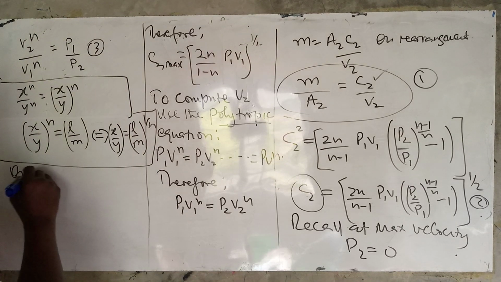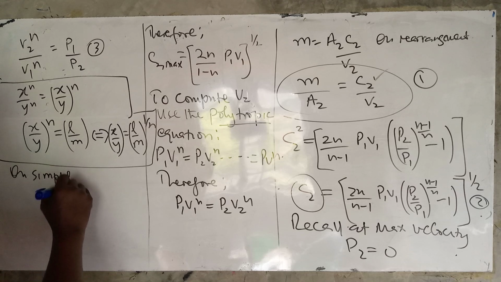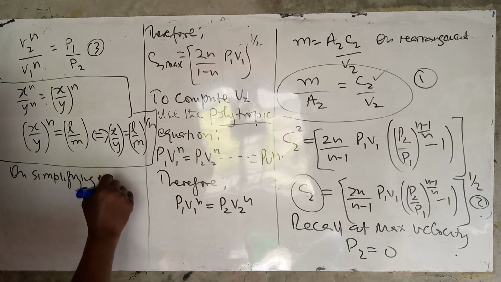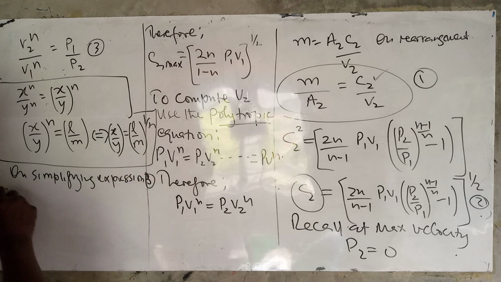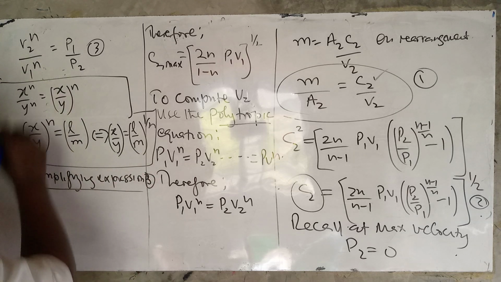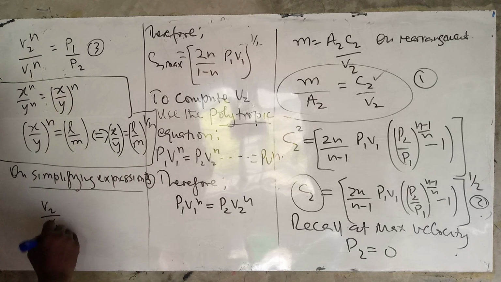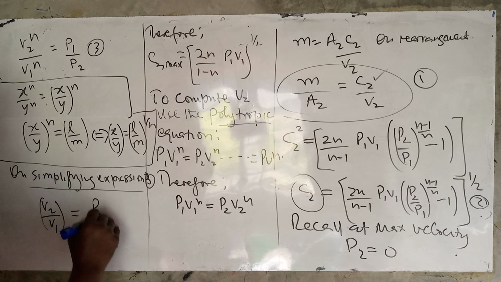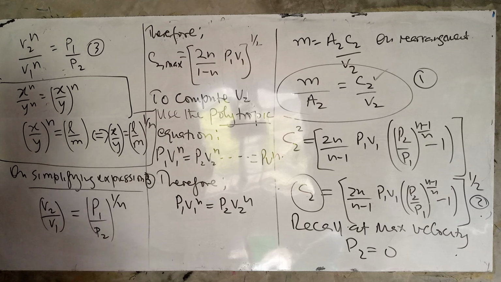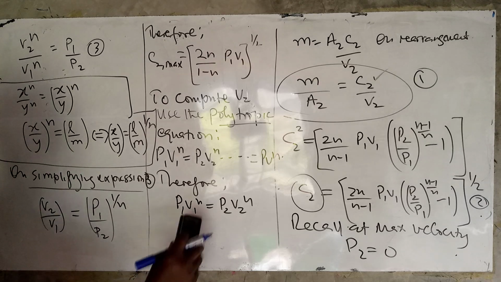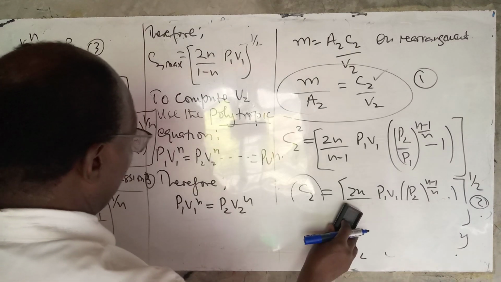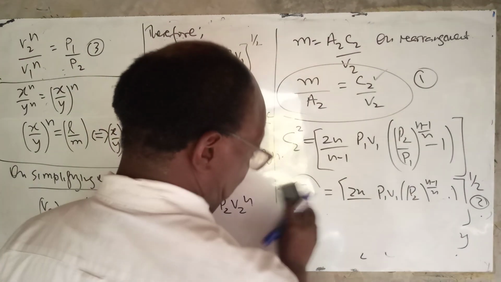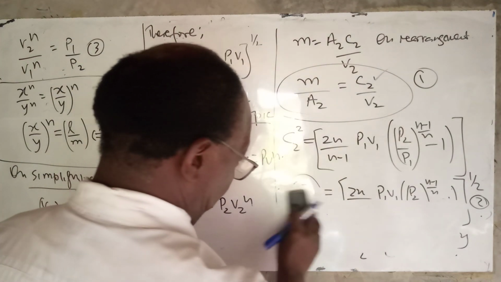So on simplifying expression 3, what do we have? We have V2 over V1 will therefore be equal to P1 over P2 raised to power 1 over n. We've just applied the laws of indices there. We need that expression there.